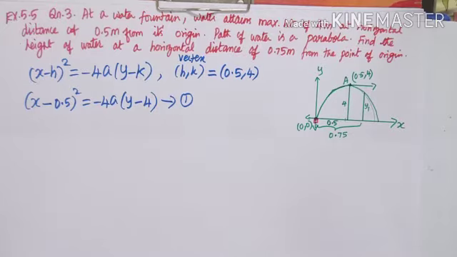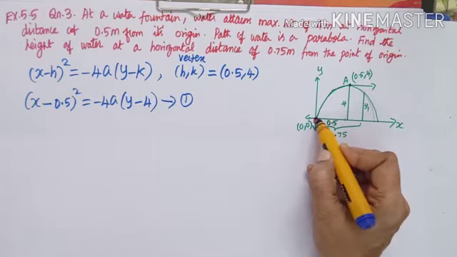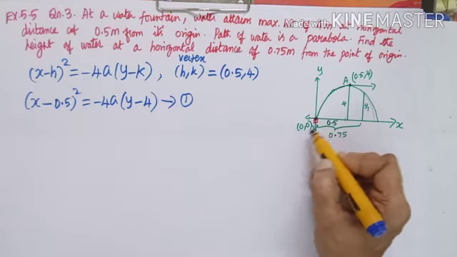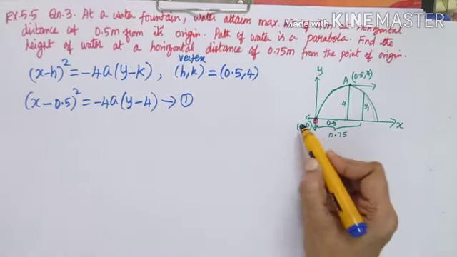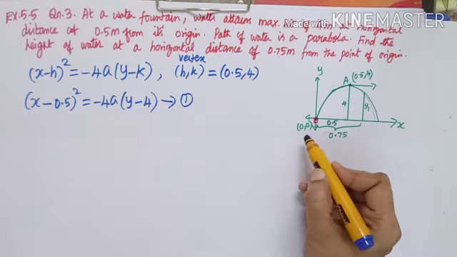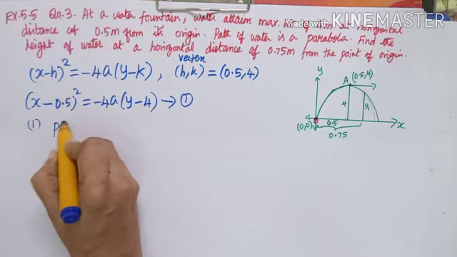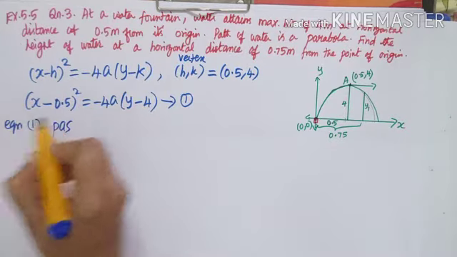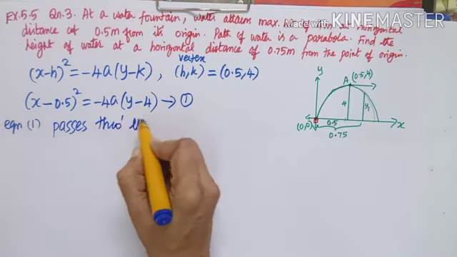Before that, we know the curve originates from 0, 0. That is the origin. So the curve originates from, that implies the curve is passing through 0, 0. Let me say equation 1 passes through the origin.